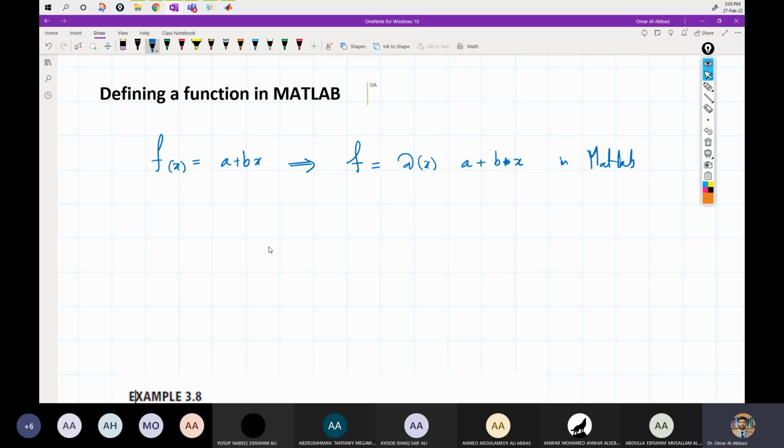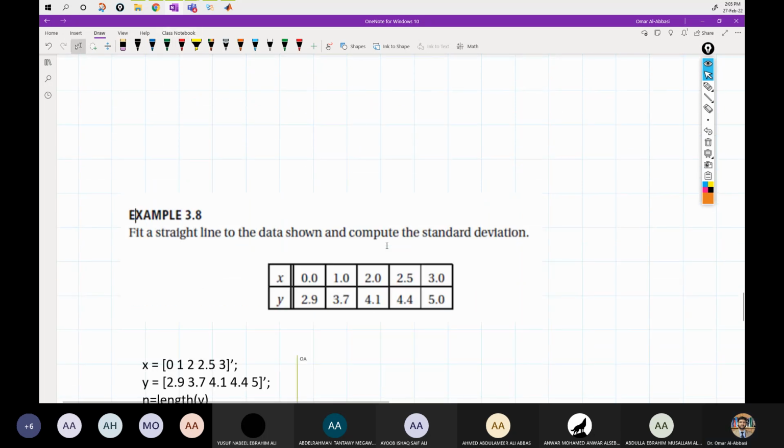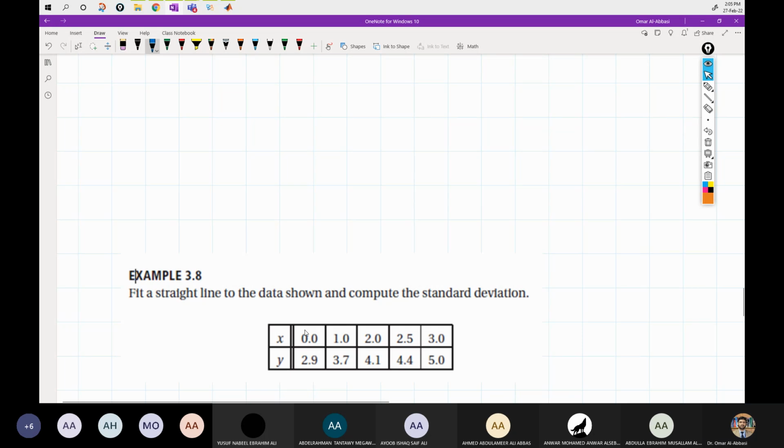Okay, guys. So now let's consider the following example. We have the following data points. X and Y: 0, 1, 2, 2.5, and 3.